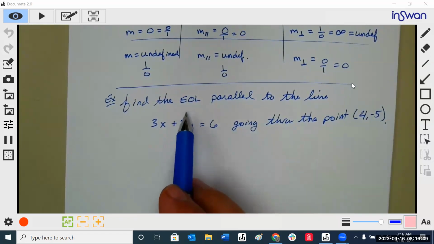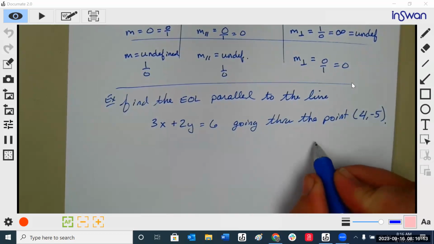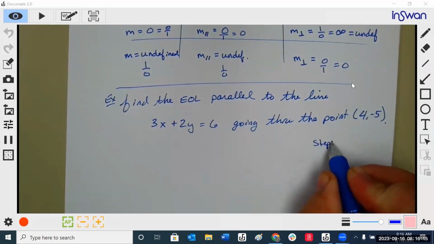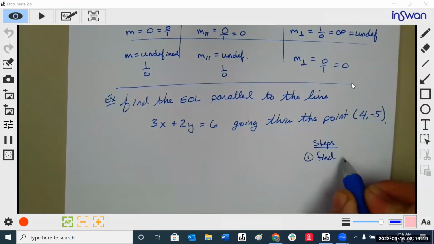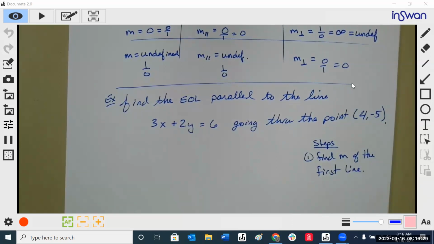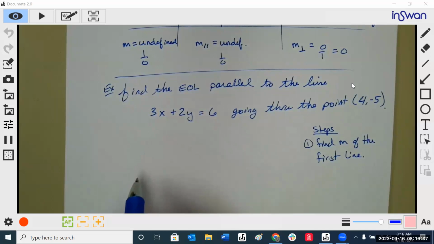So find the equation of the line parallel to the line 3x plus 2y equals 6. So here are my steps. Find the slope of the first line. So how do we do that?